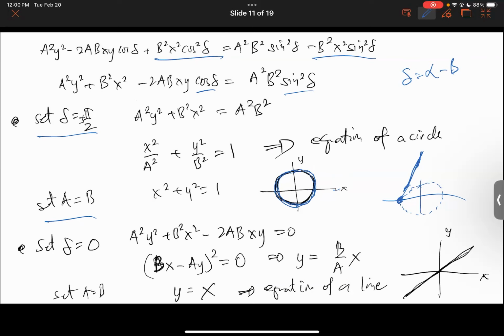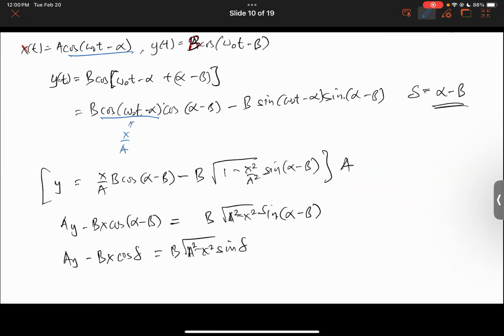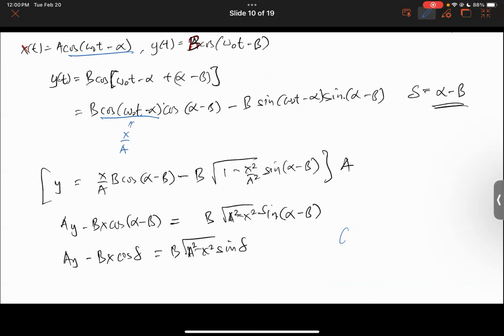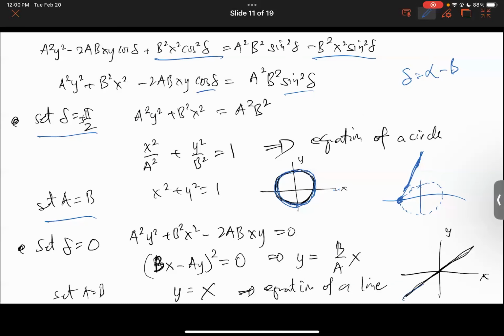In other words, yung alpha na ito at saka yung beta na ito is the same. Ang lalabas na motion nila is just a straight line. So again, if you're considering a pendulum, and then ito yung xy plane, that pendulum will just move in a straight line path. Pag ganyan lang siya.